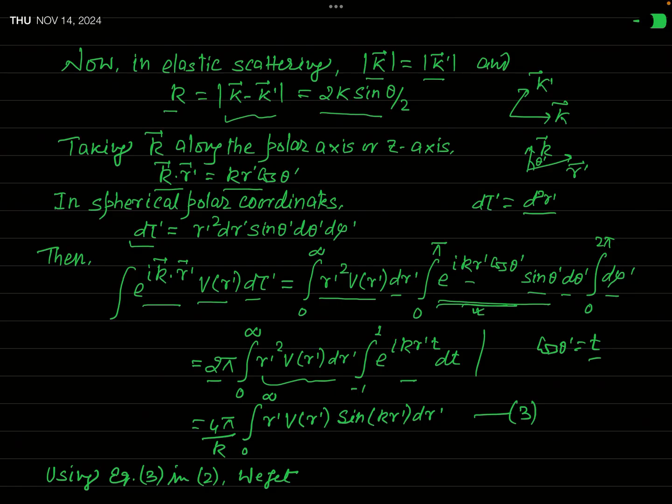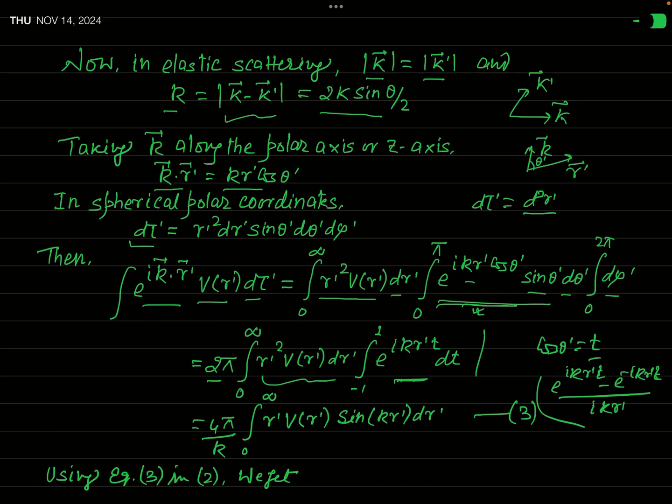Now in fact when this integral will be evaluated, this will be in the form of e to the power i kappa r' t minus e to the power minus i kappa r' t divided by i kappa r'. You can watch my previous video, as I have told you, for evaluating this integral.